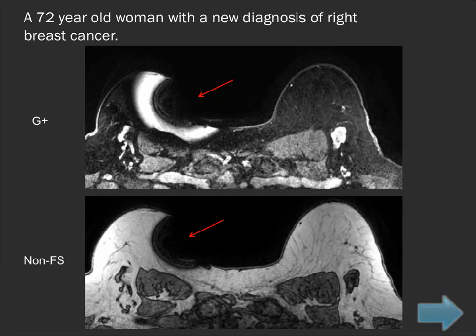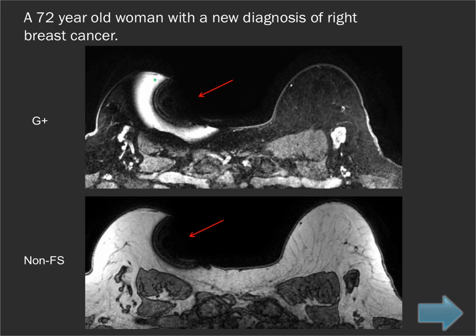You want to check closely for artifacts, especially artifacts that can cause problems with fat suppression. This can be due to patient movement. It can be due to the curvature of their breast or how their breast is positioned in the coil, or it can be due to things like this, which is from the patient's infusion port. So you can see here what the effect of the infusion port is.